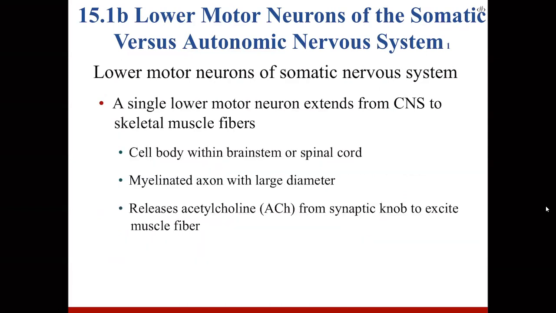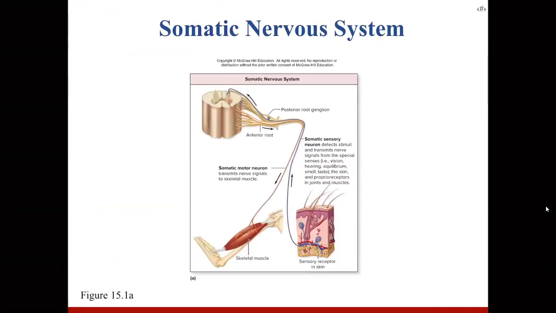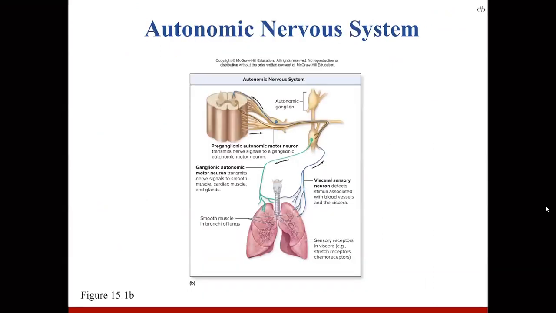Okay. So you understand the difference that we have somatic nervous system, and somatic is the one that you're thinking about, right? I always just think it's going to your body, so it's skeletal muscle. And then autonomic is the stuff that we're not thinking about, so it's happening automatically.